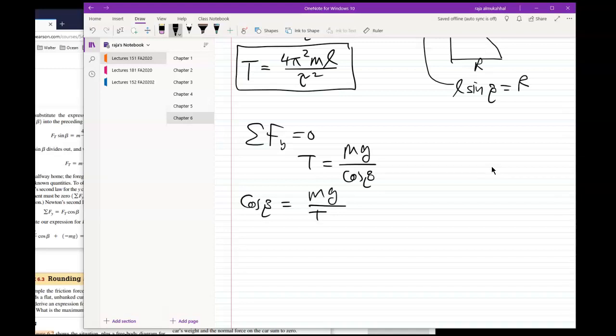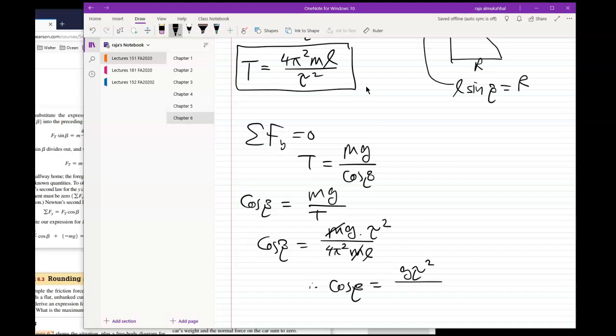And the tension, of course, we have just found right there. So therefore, cosine beta is equal to mg over 4 pi squared mL times tau squared. The masses cancel out, and therefore cosine beta is equal to g tau squared over 4 pi squared L. And I think this is what he's looking for.